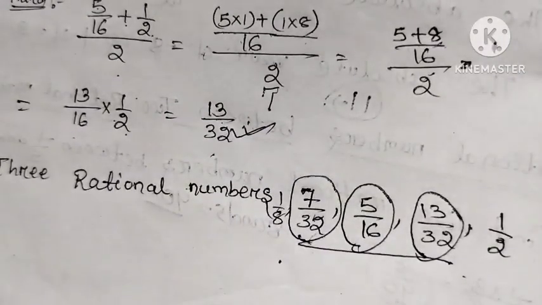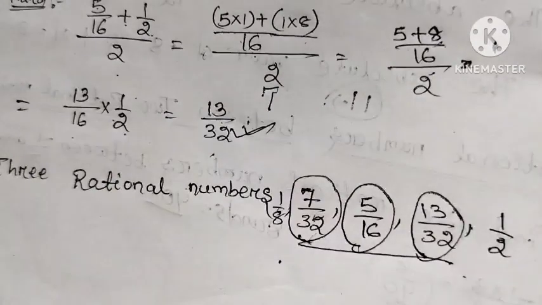You have to take 0 plus 1 divided by 2. Then in between 0 and 1, it is 1 by 2. Then next it is 0 plus 1 by 2, divided by 2. This is also coming, yes or no? Then same thing you have to find out. That's why between 0 and 1, infinite number of rational numbers are there.